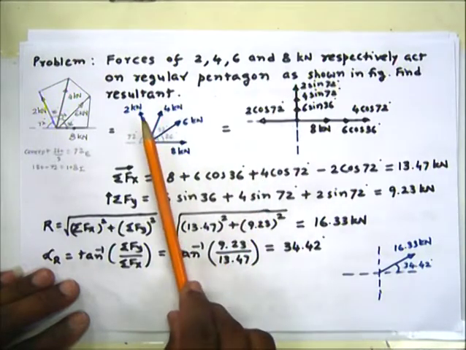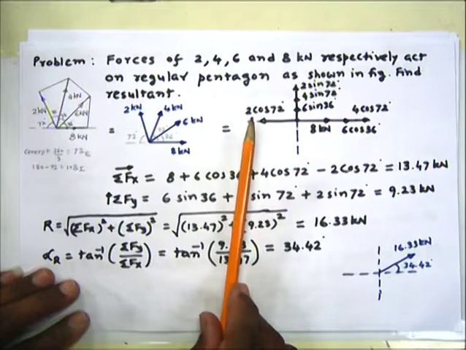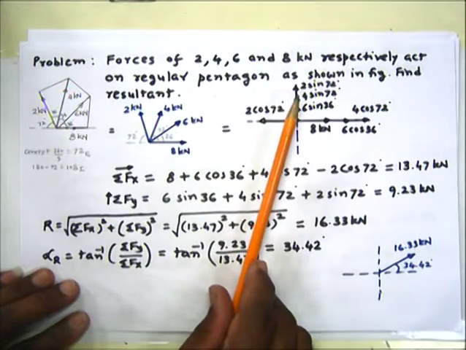And the component of this force, which is falling in the second quadrant, would be 2 cos 72, and the vertical component 2 sin 72.